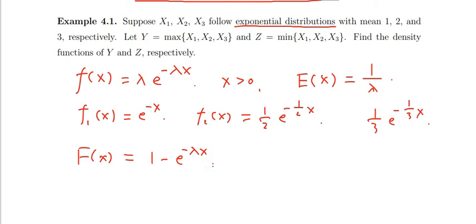And X larger than x equals e^(-lambda x). So the cumulative one is the left side, less than. Sometimes we call the larger-than function the survival function.